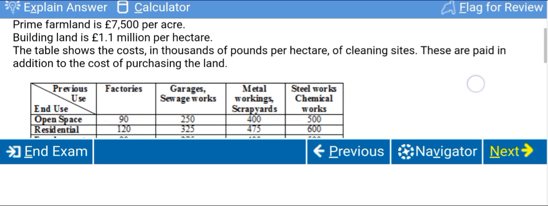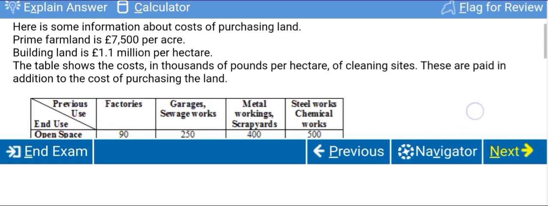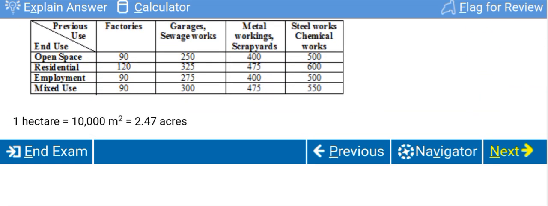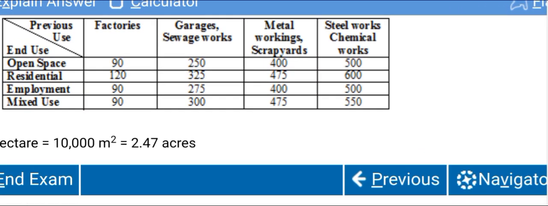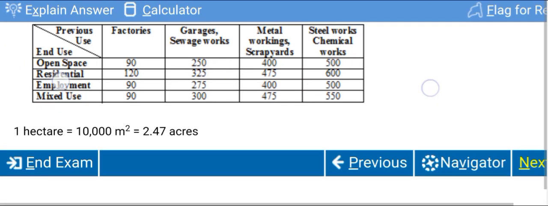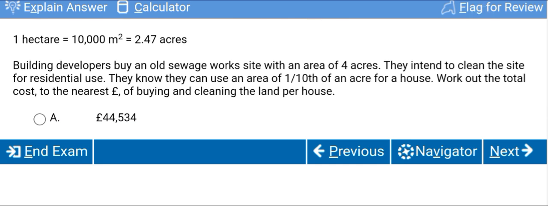Next we have question number 16 with the same information, as you can see here. And the question is that building developers buy an old sewage works site with an area of 4 acres. They intend to clean the site for residential use.